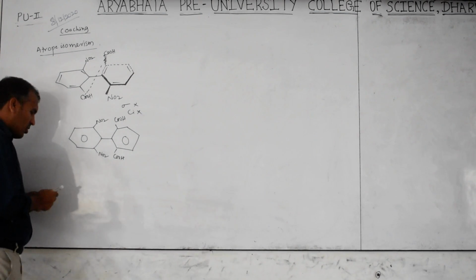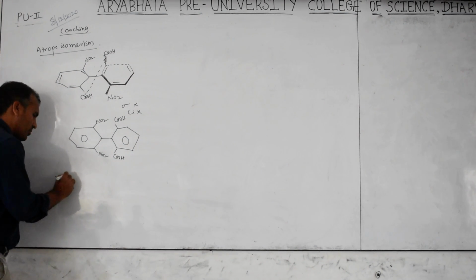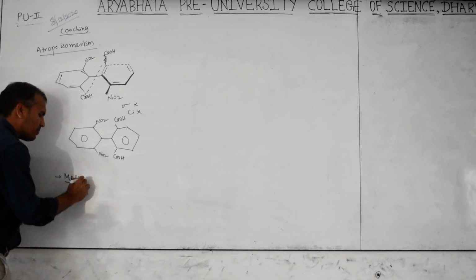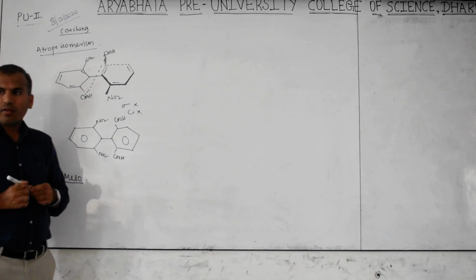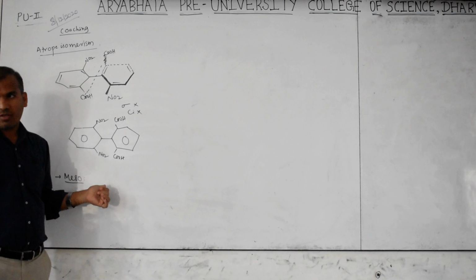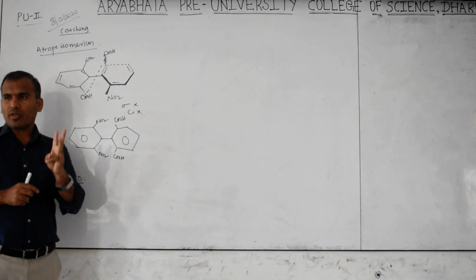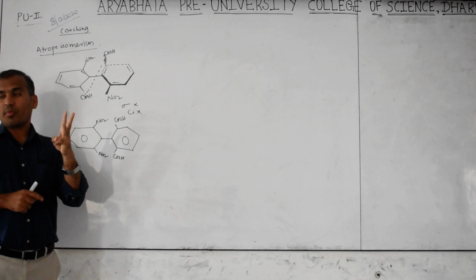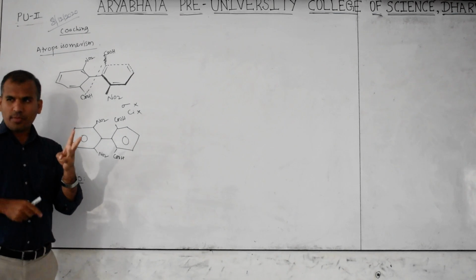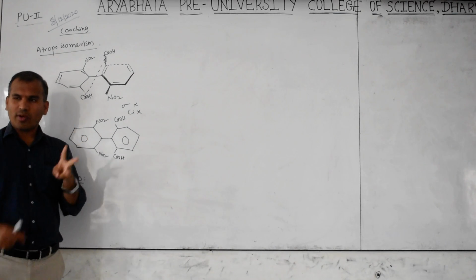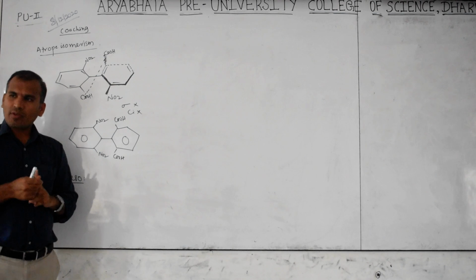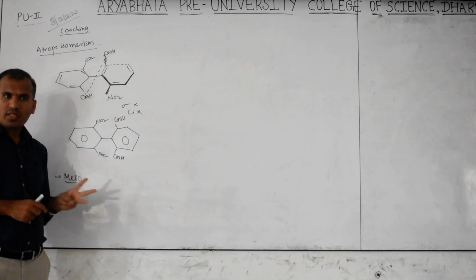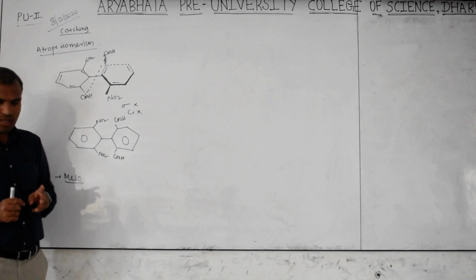Next one, meso compound. What is a meso compound? It is an achiral compound. See, optically inactive conditions, how many are there? Optically active, one condition. Optically inactive, three conditions. One is the achiral condition. Second one, what is that? Meso. Third one, racemic.